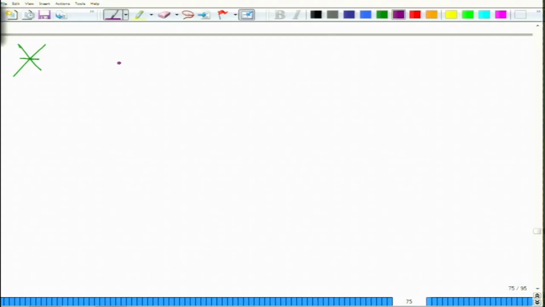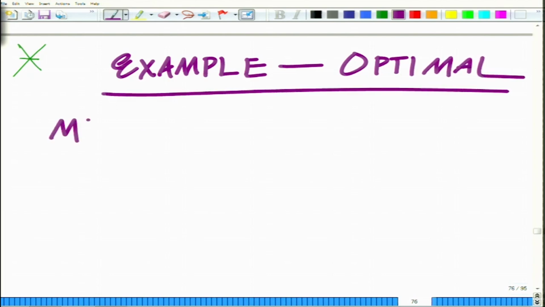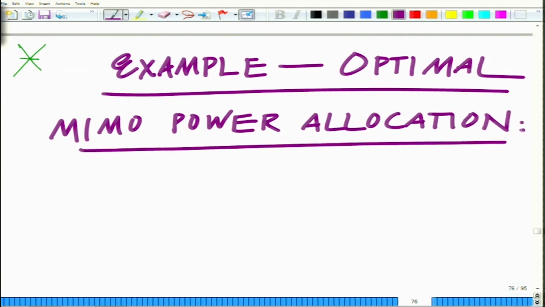So, what we want to do today is look at an example for optimal MIMO power allocation.